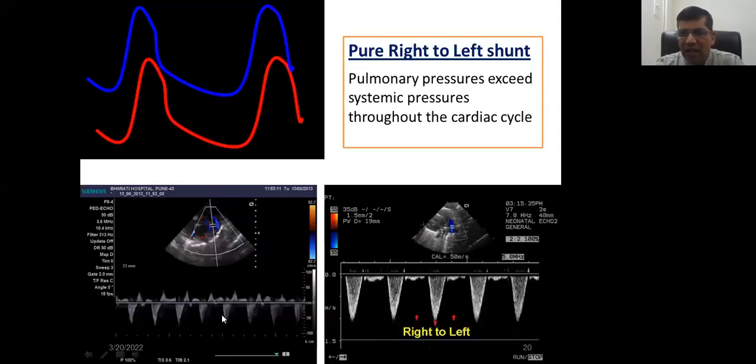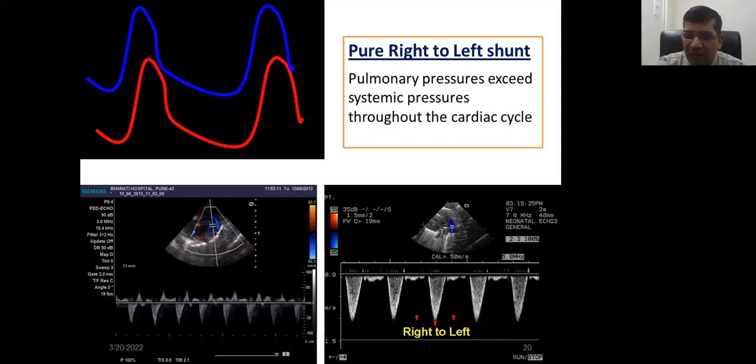Or you see classic right to left, that is a negative deflection. That means pulmonary pressures are high. Bidirectional or right to left means your pulmonary pressures are higher than your systemic pressure. In the bidirectional PDA, the right to left component should be more than 30%. Those people who are doing echo, they know what I'm talking about.